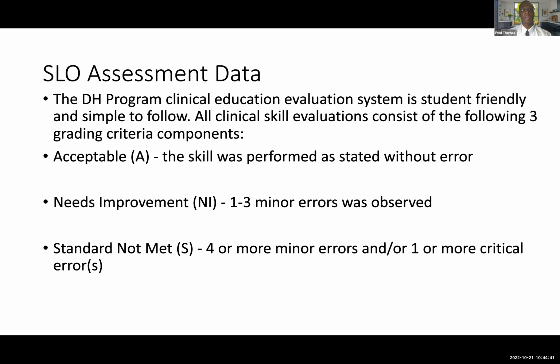The next one is NI, or needs improvement, meaning during the skill a student had 1 to 3 minor errors observed, and they would receive an NI. And then S, standard not met: 4 or more minor errors or 1 or more critical errors were made, and they would receive an S.